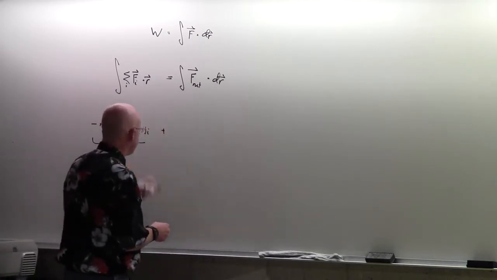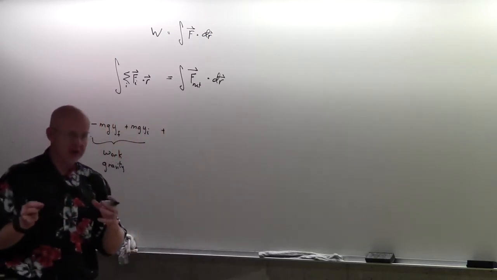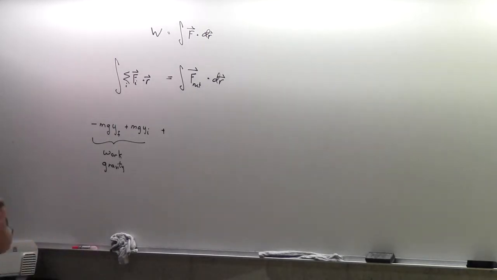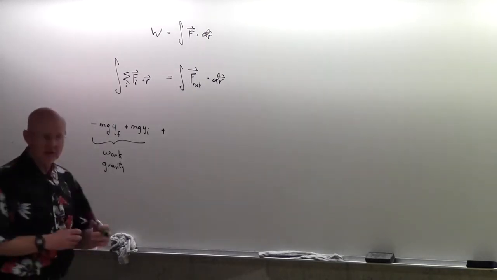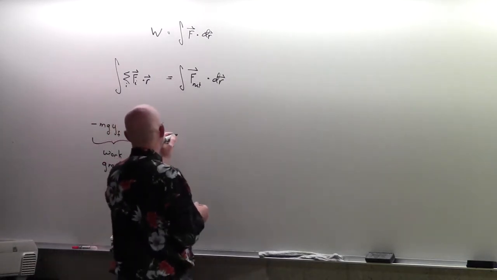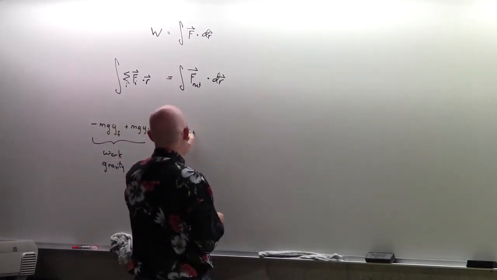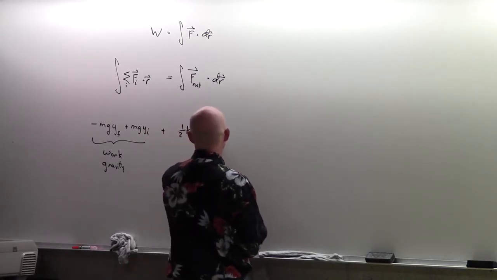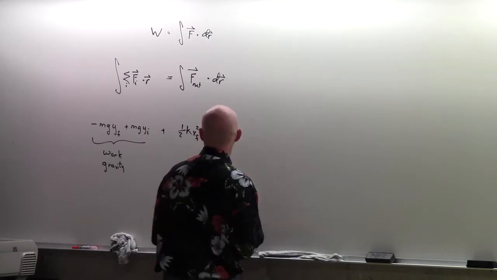We went on and looked at other forces. Another one we had was a spring. We said, okay, what if you had a spring involved? That's where we spent some time talking about Hooke's law. When we did that one, we came up with 1/2 kx squared final minus 1/2 kx initial squared.